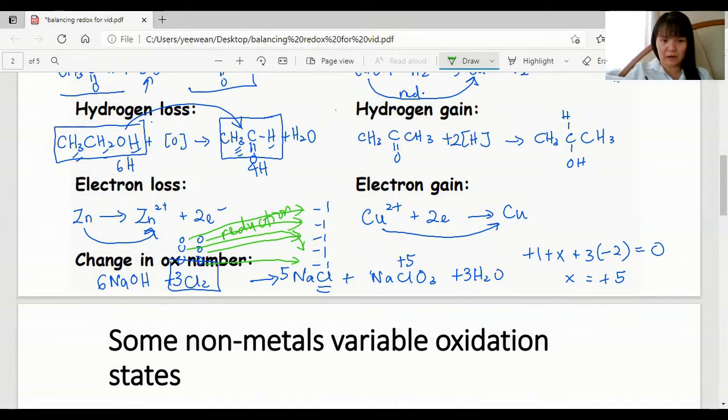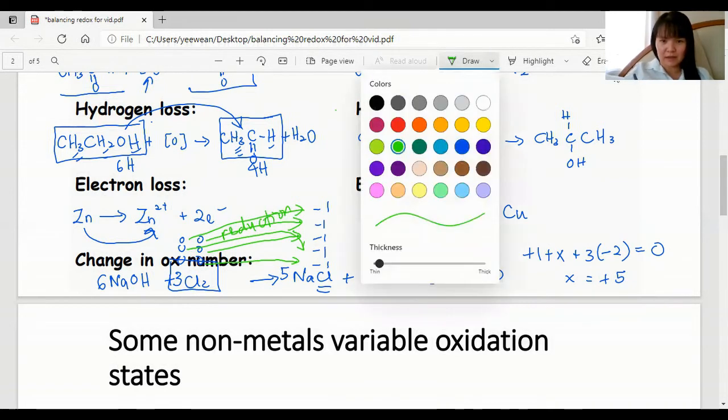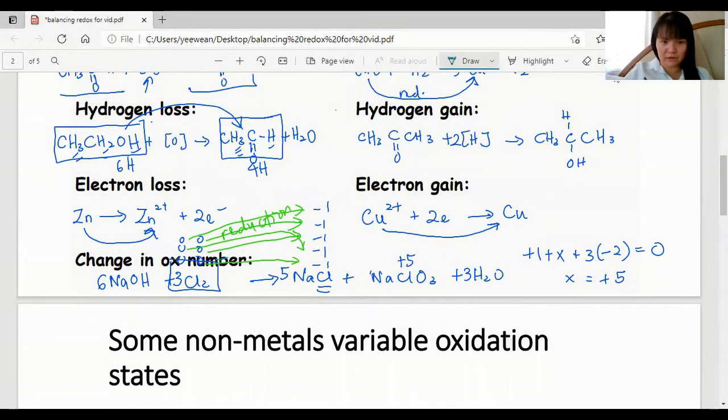And 1 of the chlorine got oxidized because it threw out 5 electrons. So oxidation. That's how you figure out which one got oxidized and reduced when there's a change in oxidation number. And this oxidation and reduction happen both for chlorine, so we call this a disproportionation reaction.